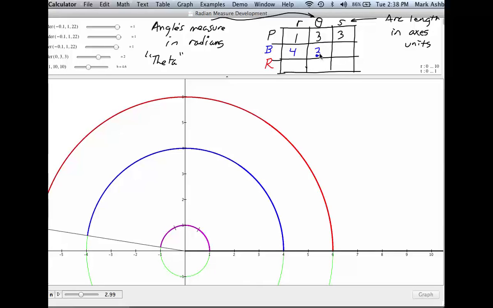Still 3. What's the arc length in axes units? 12. I'll stop right there. Anybody have a question? Does it make sense? Each radius length is 4. We're going to go 3 radius lengths, and so the total length of the arc will be 12. Shola, talk to me about red. The radius is 6. Openness is 3 radius lengths.